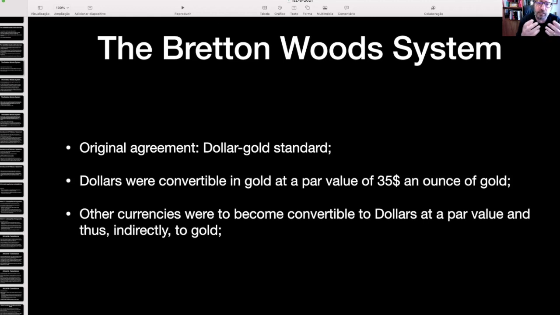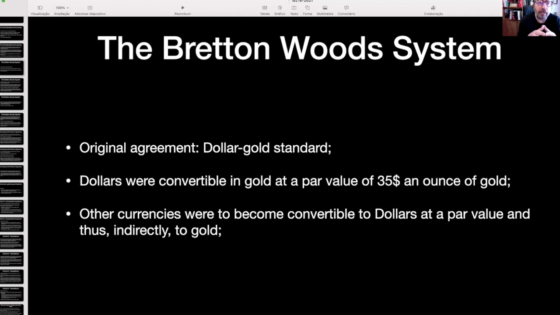Attempts to reinstate the gold standard failed because Britain was no longer able to sustain the convertibility of British pound sterling balances held by non-residents with gold. And so ultimately only the United States was in a condition to restart the gold standard by making dollars convertible into gold as of 1934.